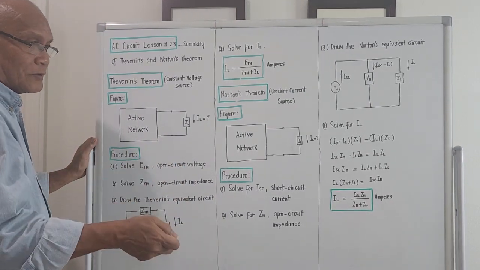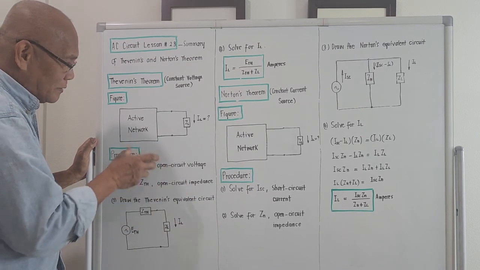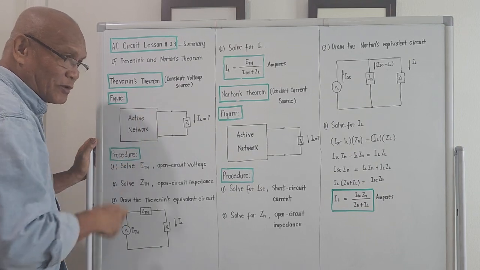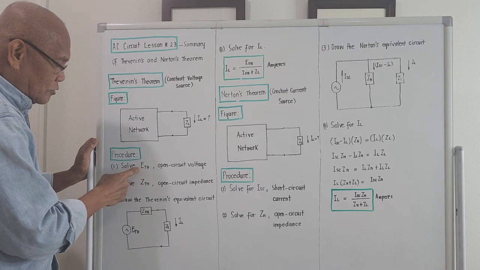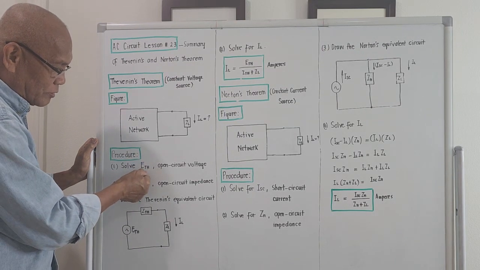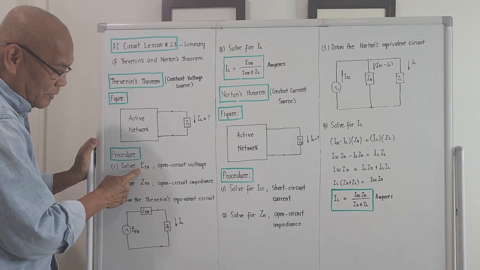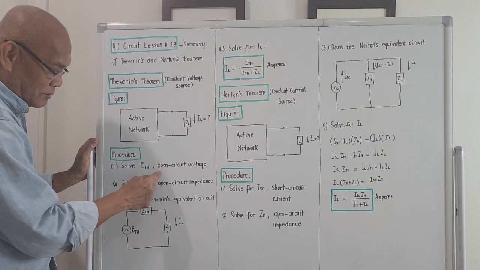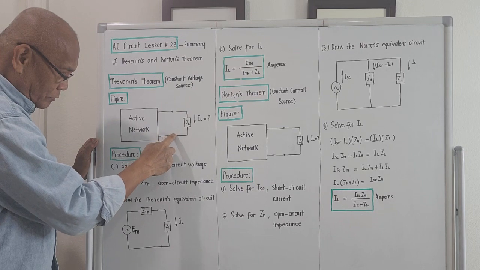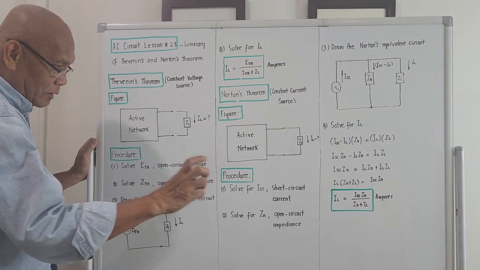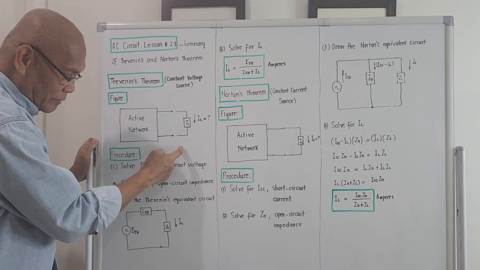Okay, let's try to bring out the procedure on how to take the Thevenin's equivalent of this active network, the one inside. Number 1, solve for capital letter E with the subscript TH, meaning Thevenin's open circuit voltage. ETH is referred to as the open circuit voltage. If we disconnect the load and you get your voltmeter and measure the voltage, it's open already, right?